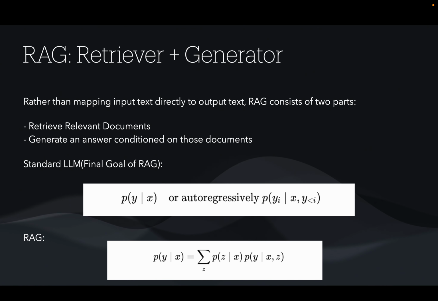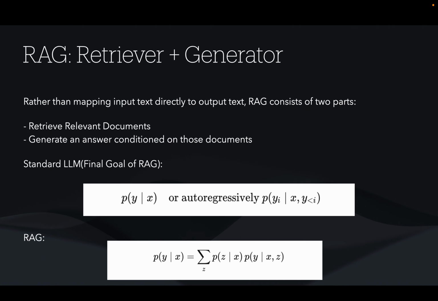RAG keeps exactly this goal. What it changes is how we compute the probability, so that it is factored into two parts, retriever and generator, which corresponds to p(z | x) and p(y | x, z). RAG does not change the final goal. What it changes is how we compute the probability.